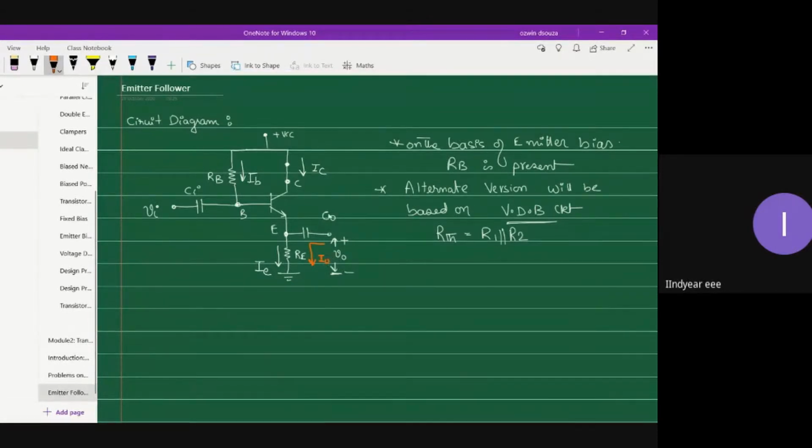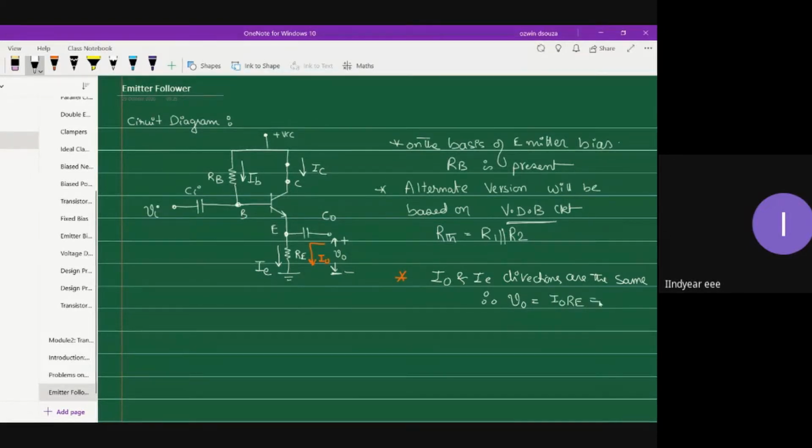So this is one of the features of emitter follower, that I naught and IE direction are the same. Therefore V naught can be given as I naught into RE, or it is as good as IE into RE.